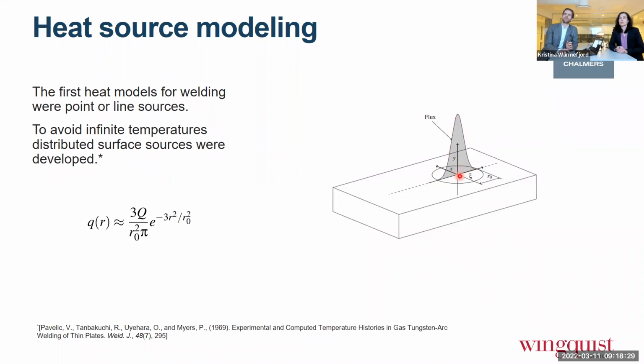So for each point here inside this circle, you look at what is the value of this Gaussian distribution to apply heat inside the surface. And also, the circle line here denotes that inside this circle line, you have 95% of the heat that is inputted from this Gaussian distribution.